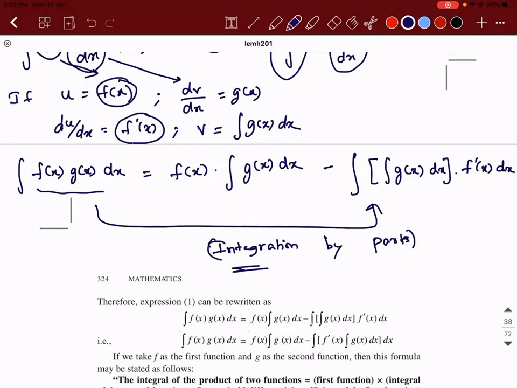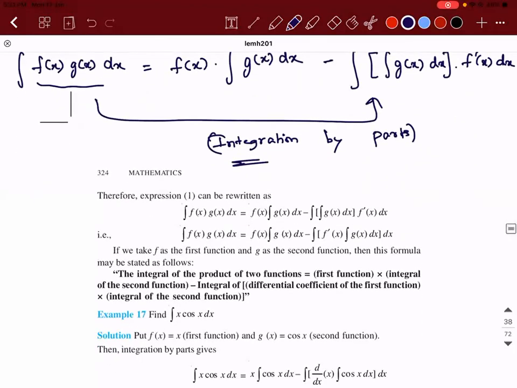I hope there is no doubt in this. Done? Now write this. So, write down this part.